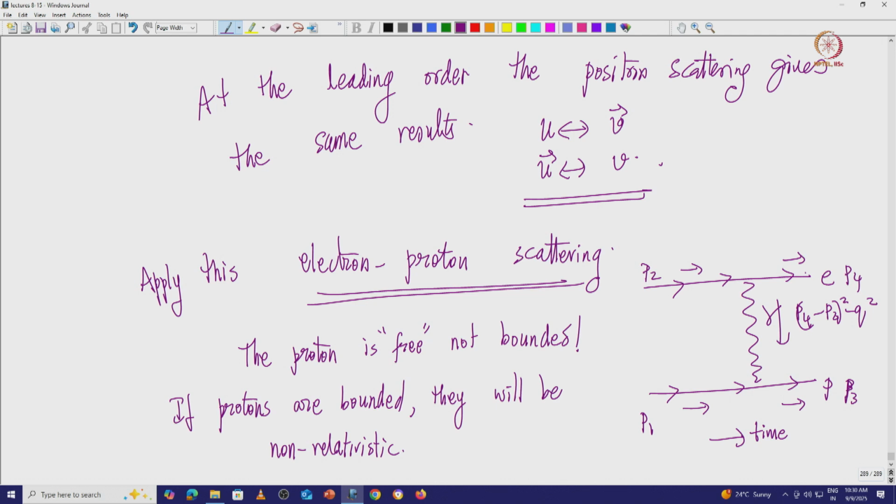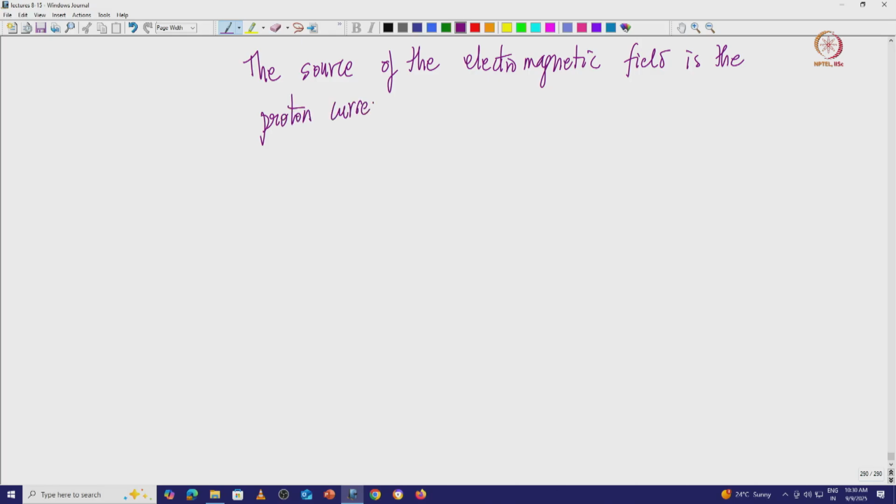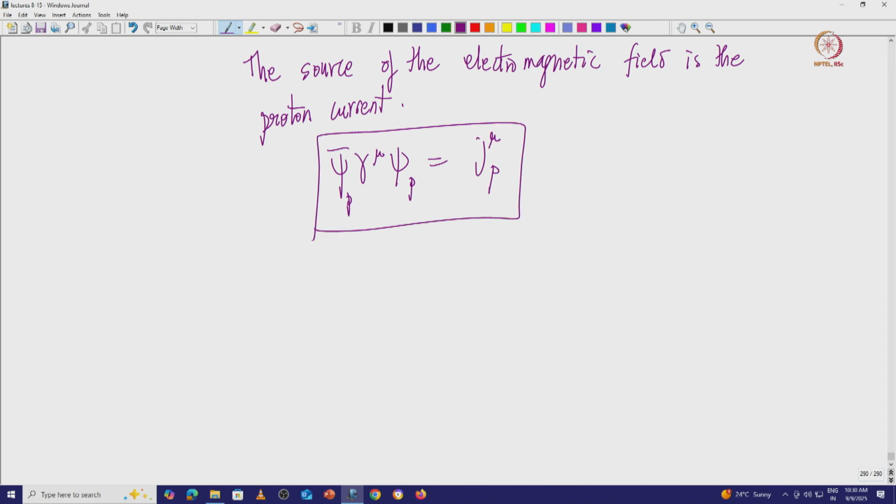Now the electromagnetic field is dynamic, and the source of the electromagnetic field is the photon current. So psi bar p gamma mu psi p is equal to j mu p. The proton current acts as the source for the electromagnetic field.